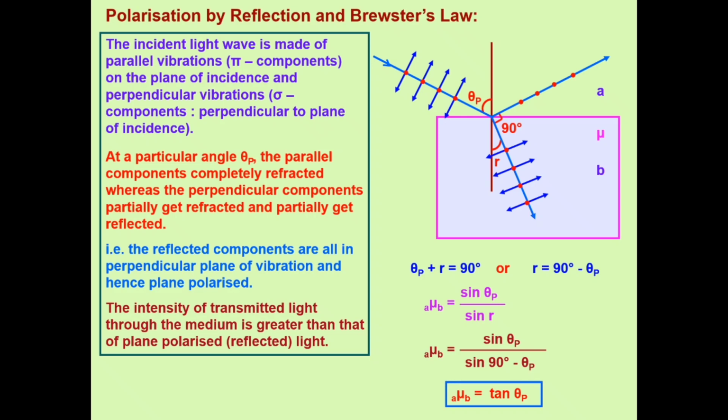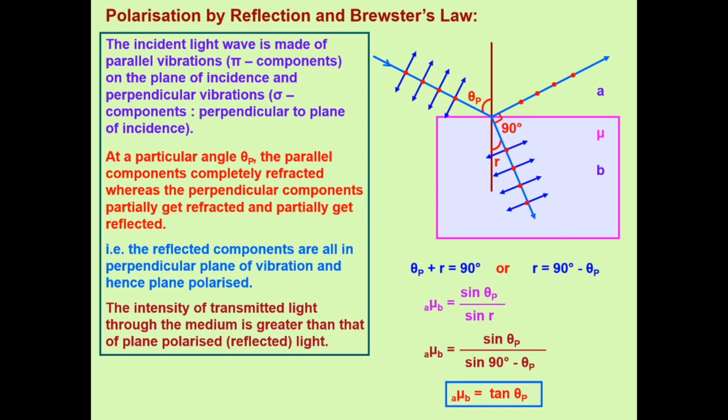The second condition: the angle theta phi is the polarizing angle. When unpolarized light is incident at the polarizing angle, the reflected ray is fully polarized. Remember this, the reflected ray is fully polarized.